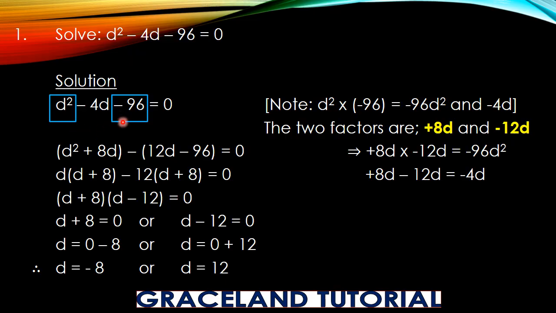Multiply the two terms. D squared multiplied by minus 96 will give minus 96 d squared.